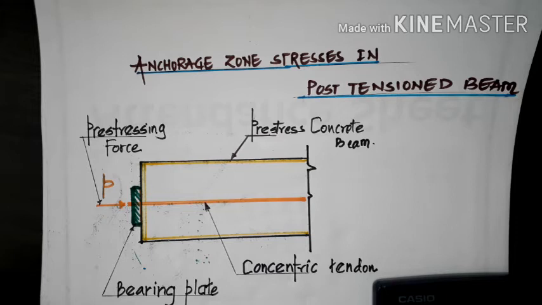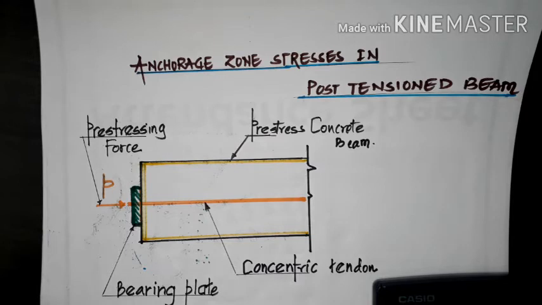If you release the tendon without locking or anchoring, it will try to go back to the original position. To avoid that, the tendons will be stretched and locked or anchored at the ends of the section. That is called anchorage.